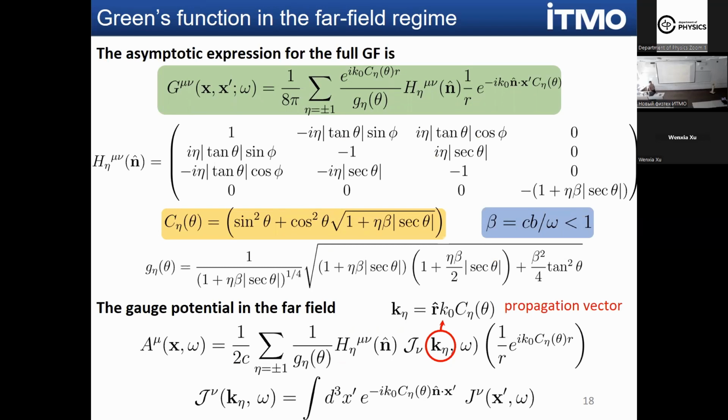Remember that I told you that the polarization modes are two. So the subindex eta captures the polarization modes, because you have eta +1 and -1, and the +1 term corresponds to right-handed, and -1 corresponds to left-handed polarization modes.